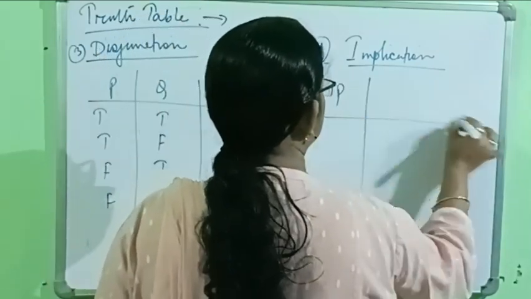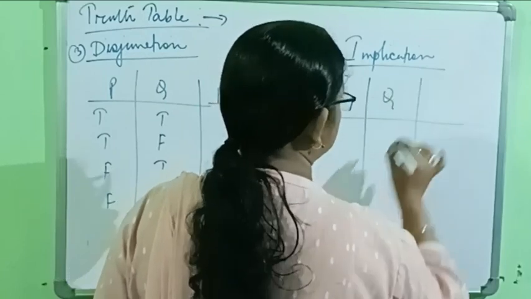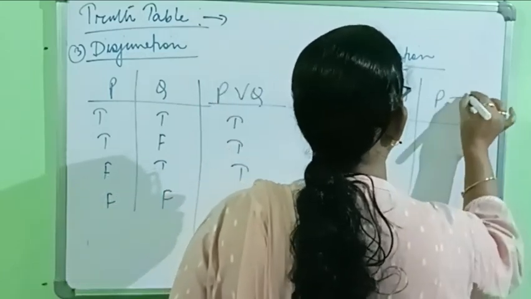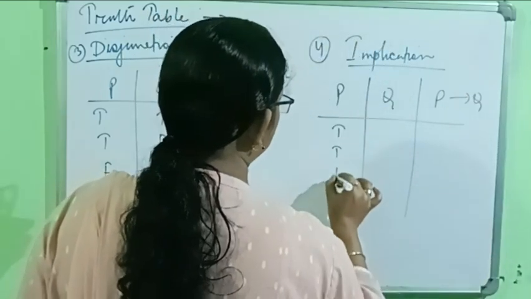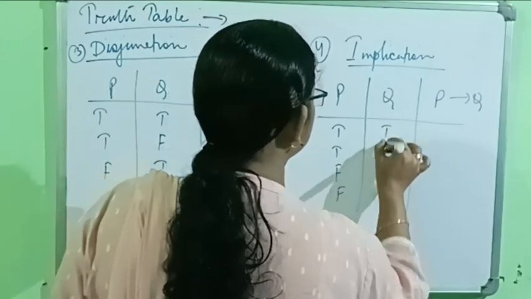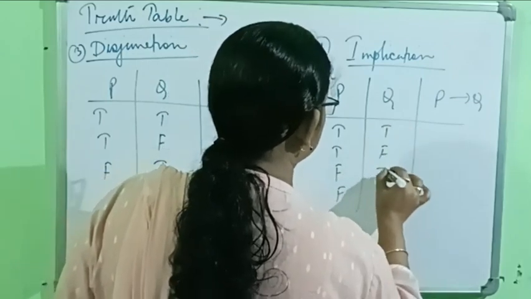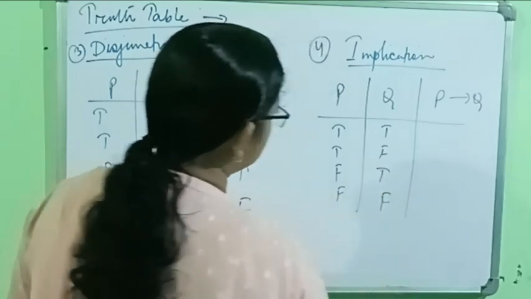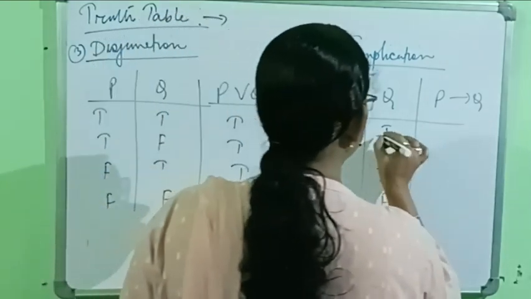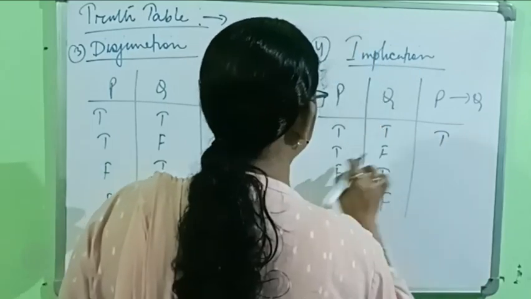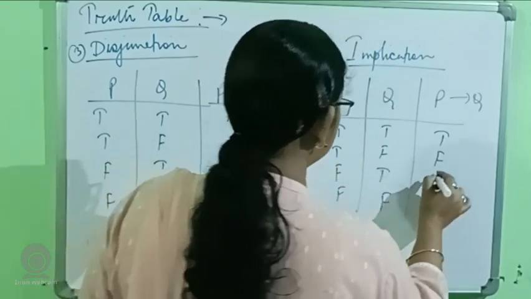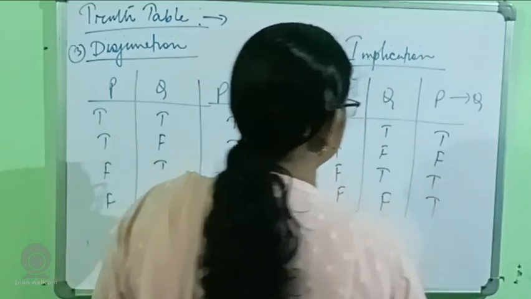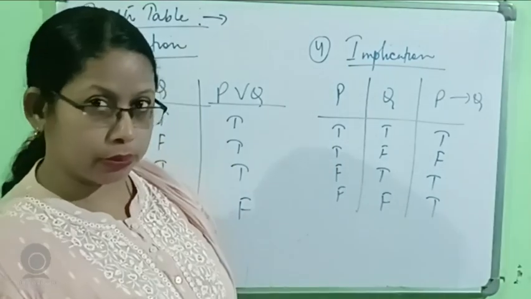So draw the truth table, and this is P implies Q. Here it is true, true, false, false, true, false, true, false. The result is true, false, true, true. This is the implication table.